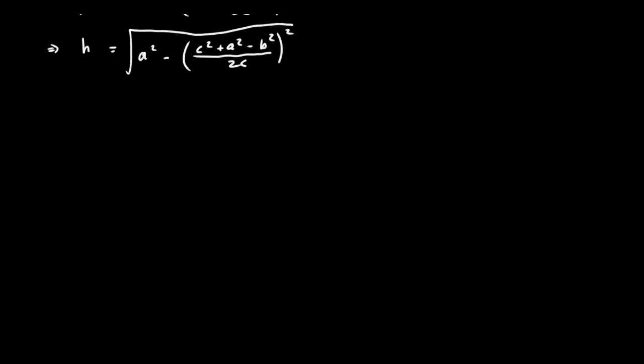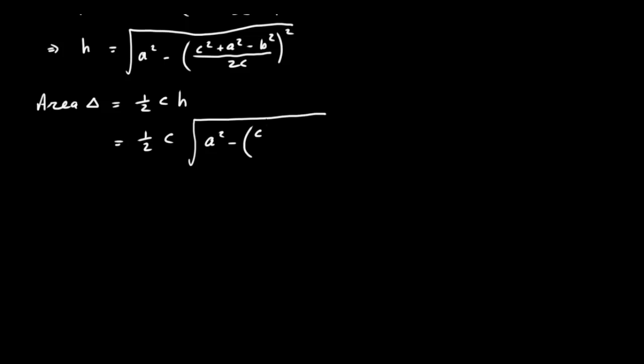The area of our triangle is going to be half the base, which is c, times h. In our case, this is going to turn into half of c times the square root of a squared minus ((c squared plus a squared minus b squared) over 2c) all squared.